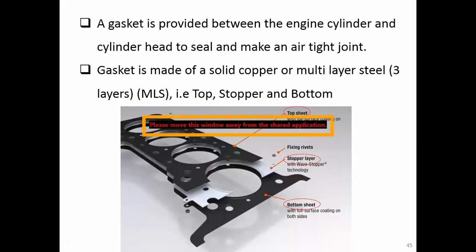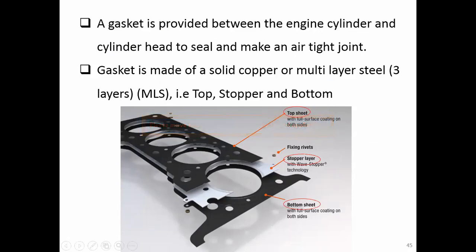Okay, on the cylinder head, we have a gasket. This gasket provides the seal between the engine cylinder and the cylinder head, in order to ensure an airtight joint between these two components, the cylinder head and the cylinder block. The gasket is usually made from solid copper, that means one layer.